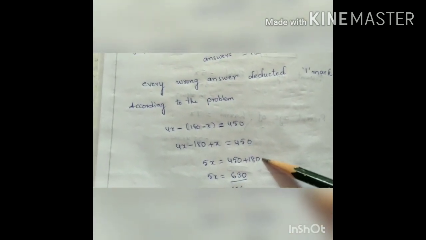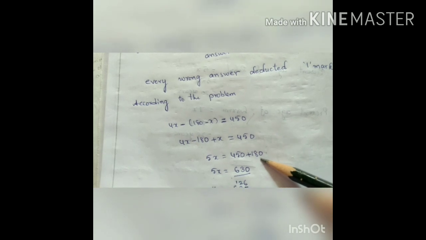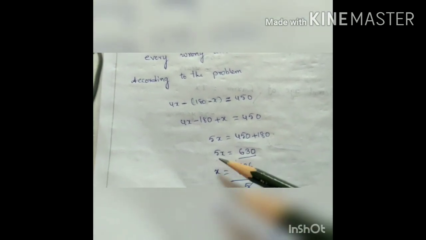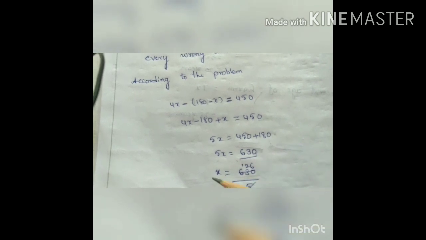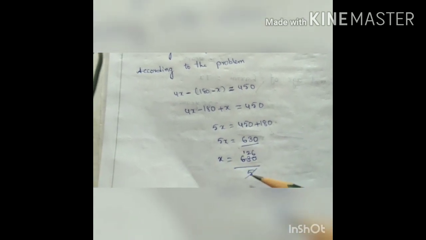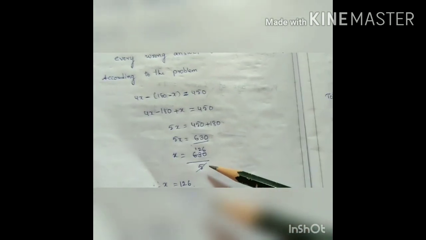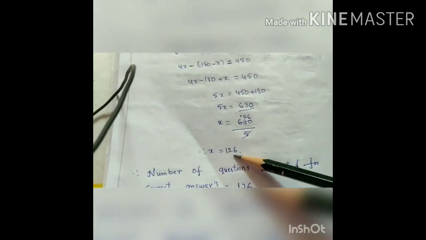A negative quantity becomes positive. 450 plus 180 is 630. So 5x equals 630. x equals 630 by 5, which is 126. So x equals 126.